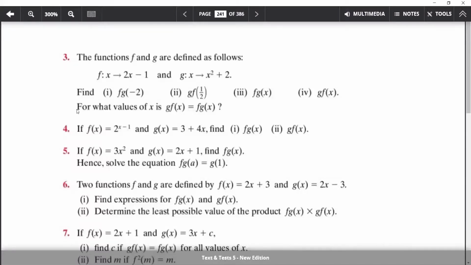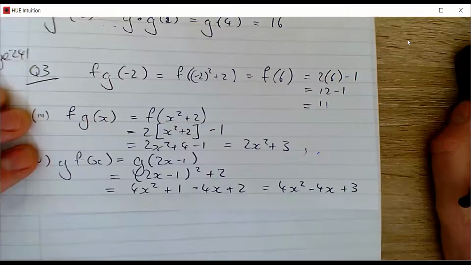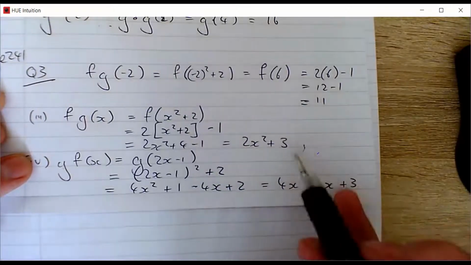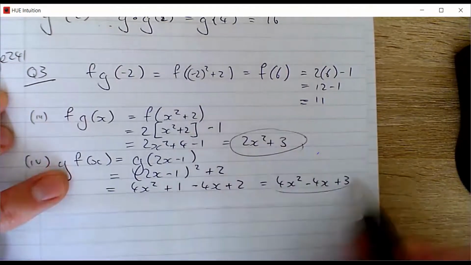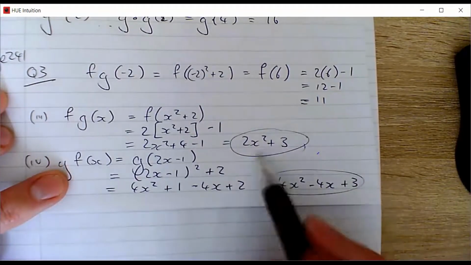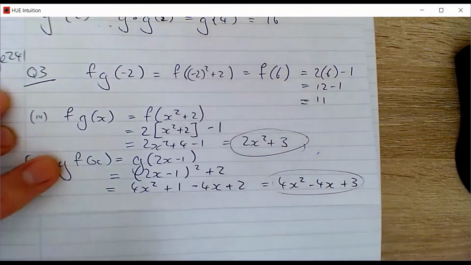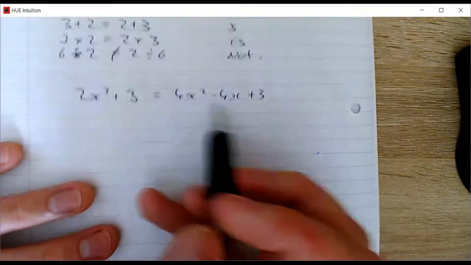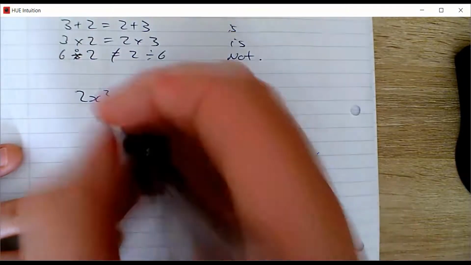So the last part of question 3 is for what values of x is g of f of x equal to f of g of x? There'll be two values where that's true because you're going to solve a quadratic to do that. You're going to say, when is 2x squared plus 3 equal to 4x squared minus 4x plus 3?